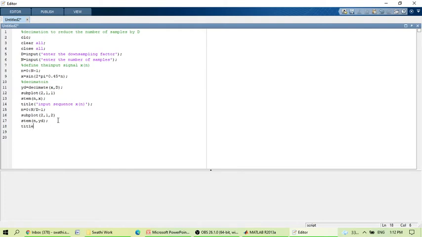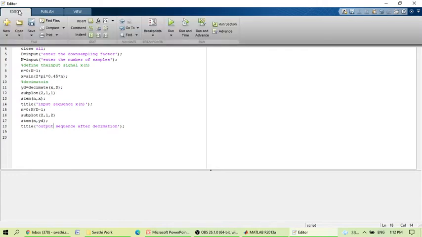It is showing the output sequence after decimation. Decimation is nothing but reducing the number of samples. So this is the output sequence. Okay, so let us run the program.